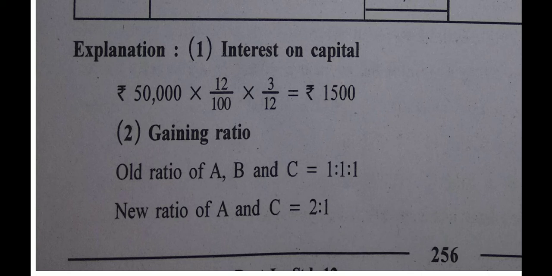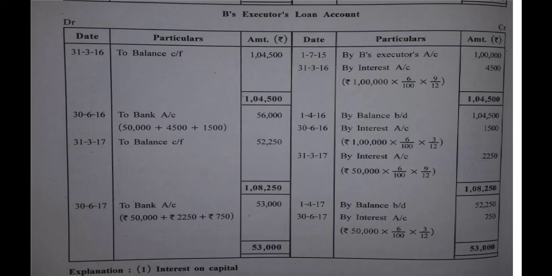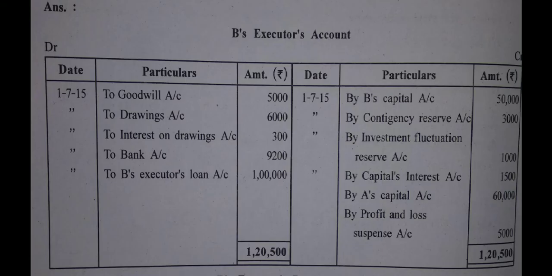So 6,000 into 3 by 12, 1,500. 1,500 is to be credited in B's executor's account. You can see on credit side by capital interest account. You can even write this as interest on capital account, 1,500. I hope I'm clear.